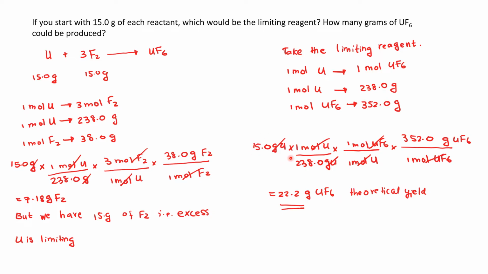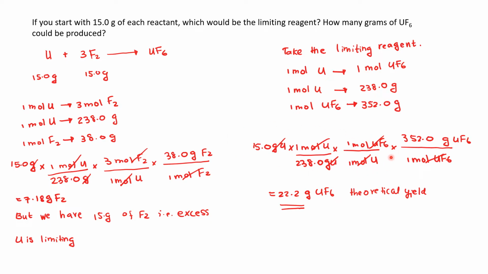We take the limiting reagent, 15 grams of uranium, and convert it to moles using the molar mass of uranium. Then we find the number of moles of uranium hexafluoride produced using the stoichiometric relationship: 1 mole of uranium produces 1 mole of uranium hexafluoride. We end up with the number of moles of uranium hexafluoride.